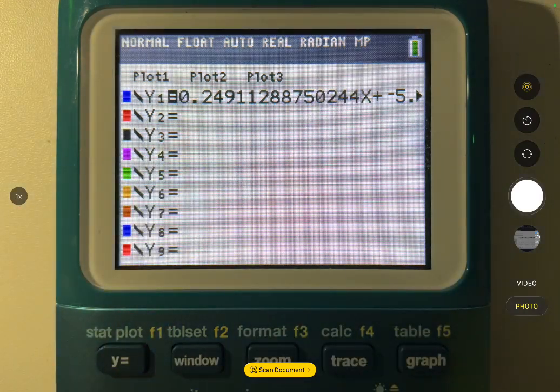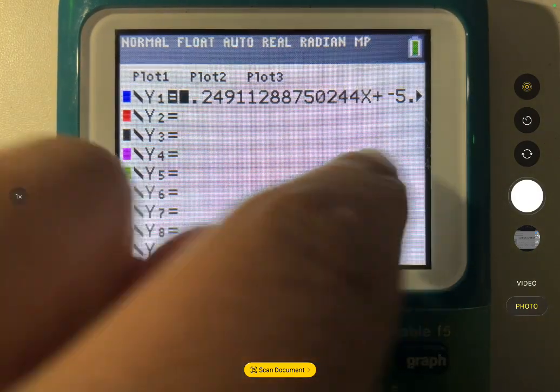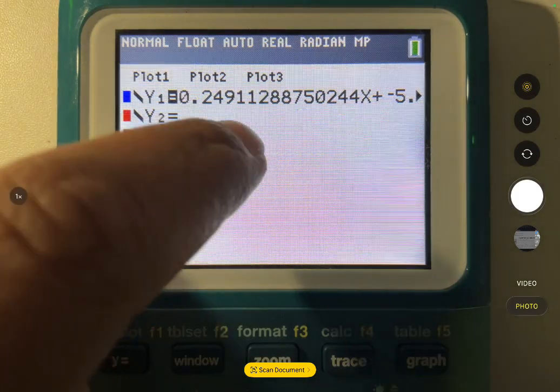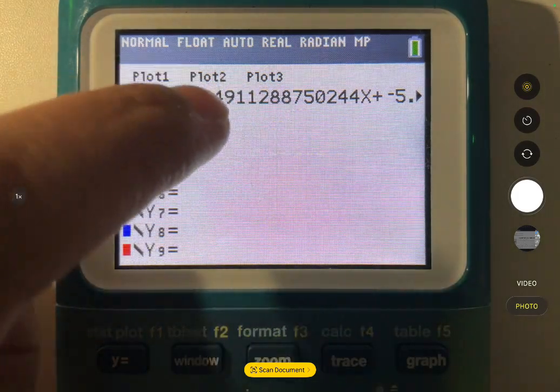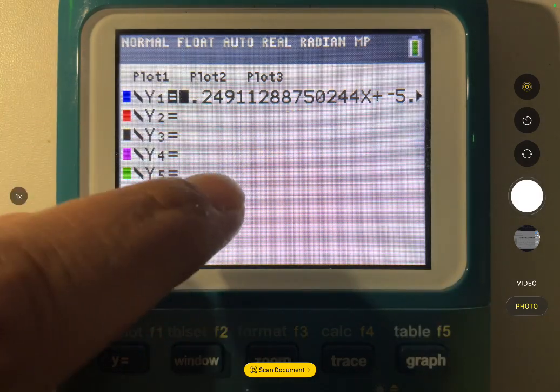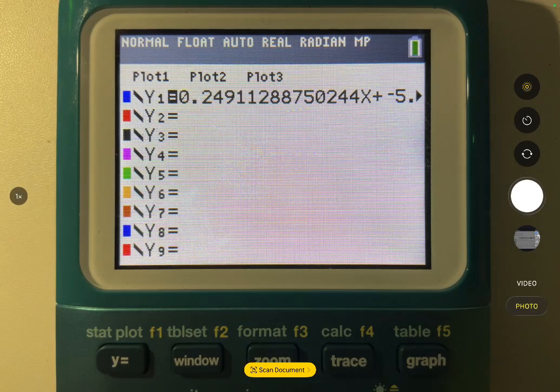This is why alpha trace is so important, because it takes all of those decimal places and puts it into y equals for you. If you skip that step, you will not see your equation here, or it won't swap out the equation with whatever problem you're on. So that's how important alpha trace is. Do not forget that. Next, to find the 40, we're going to go to the table.